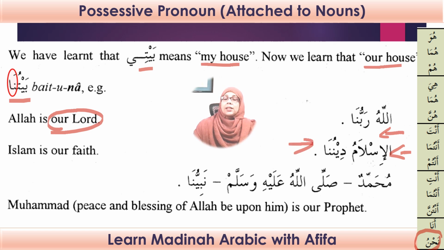That means Islam is our faith or our religion. Let's look here. Muhammadun sallallahu alayhi wasallam. He is who? He is Nabiyuna. He is our prophet. So here we see that na is attached to Nabiyu to make it Nabiyuna.